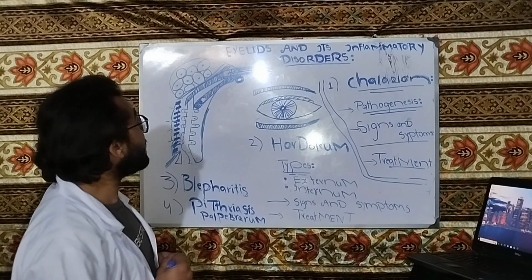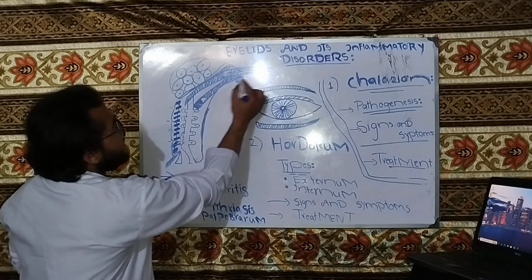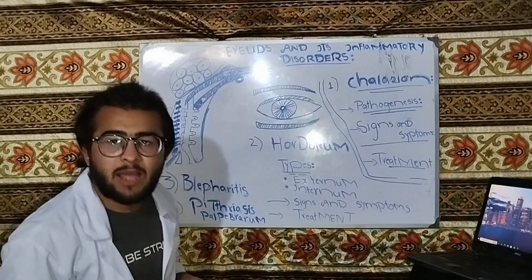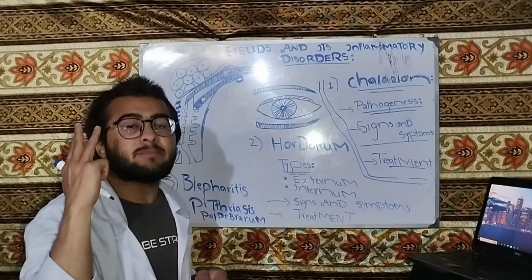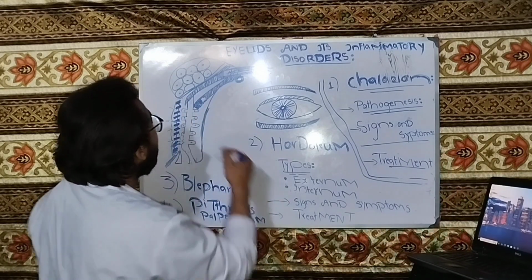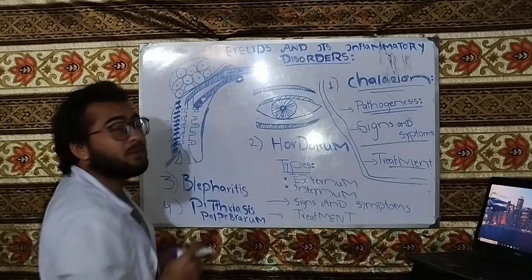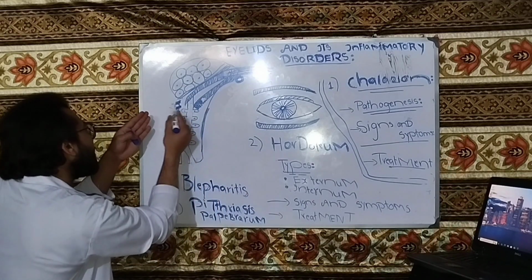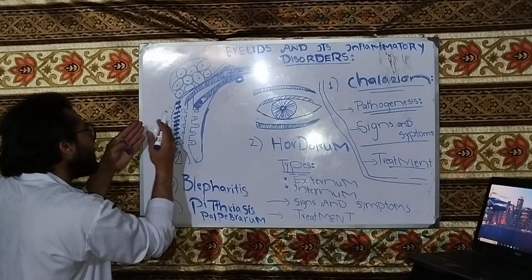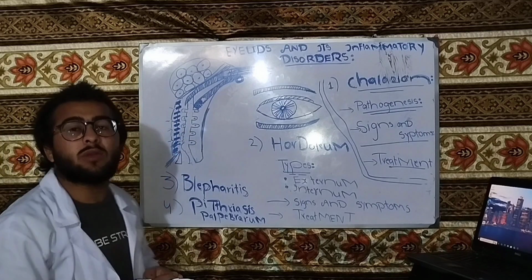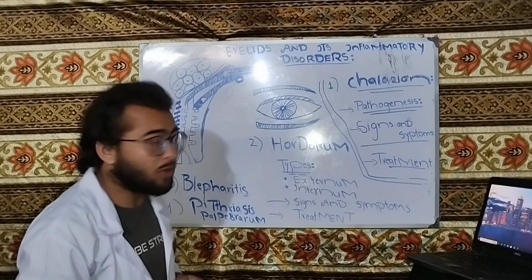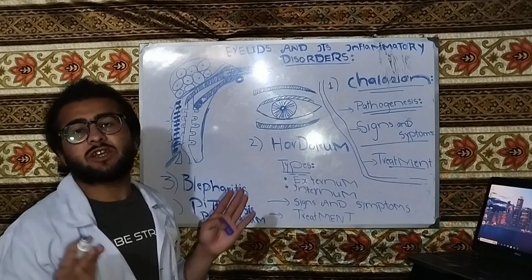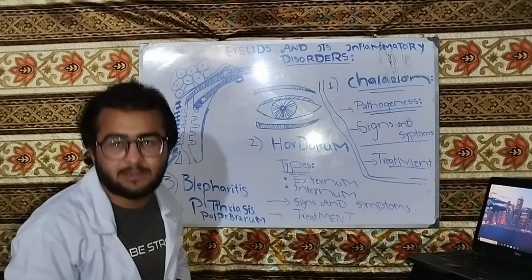The levator muscle is supplied by the oculomotor nerve, cranial nerve third, and the Muller muscle is supplied by the sympathetic nerve. The palpebral part of the orbicularis oculi is supplied by the facial nerve.